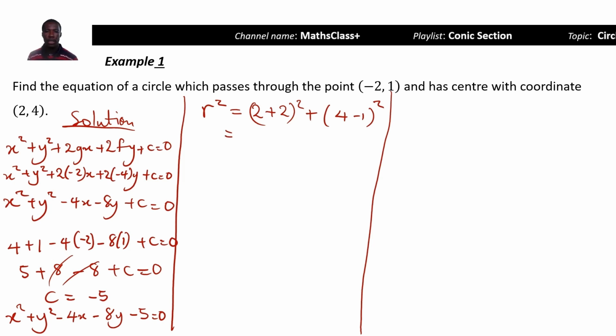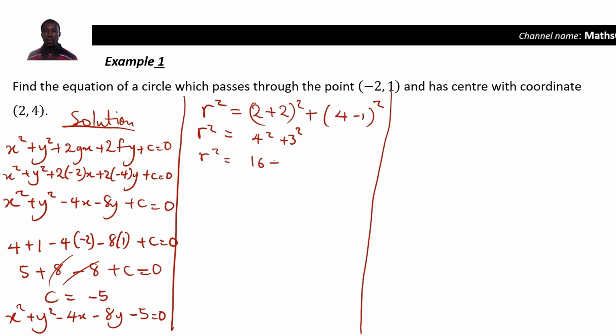So our radius squared here becomes 4 squared plus 3 squared. 4 squared is 16, 3 squared is 9. So our radius squared will become 25.